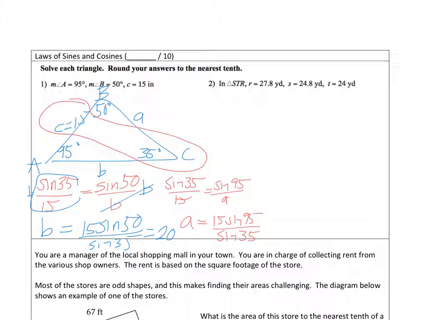And when I plug that in, 15 times sine 95 divided by sine 35, we get that A is equal to 26.05. I'll leave that as 26.